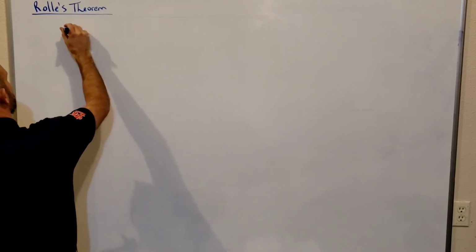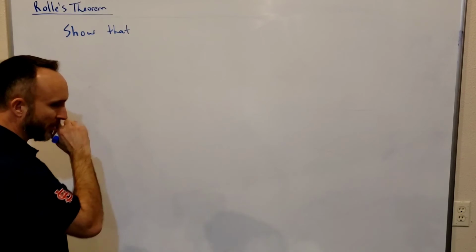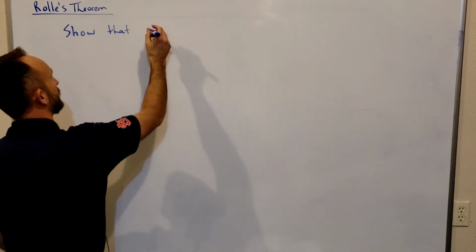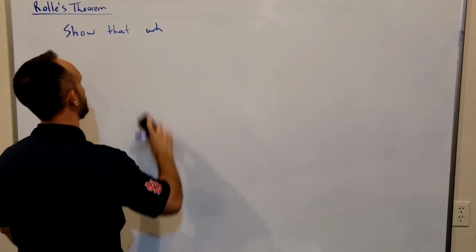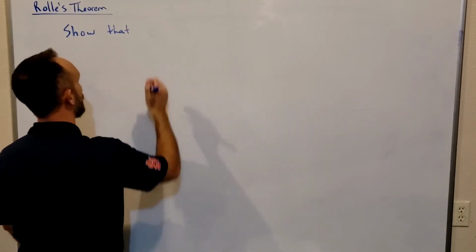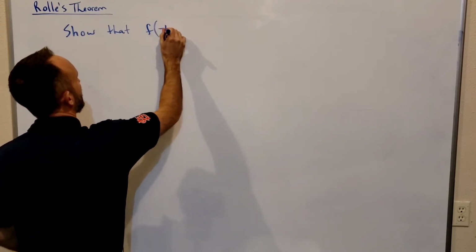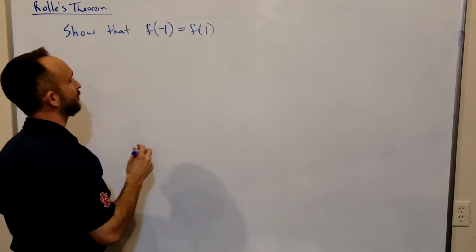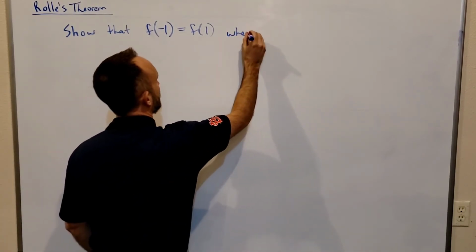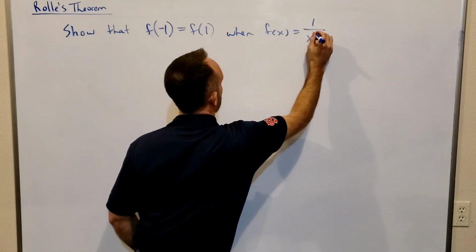So show that f of negative 1 equals f of positive 1 when f of x equals 1 over x squared.